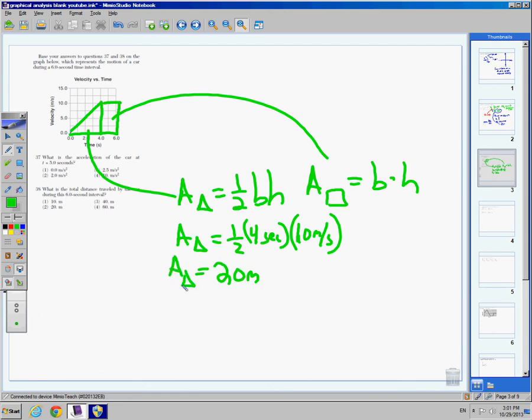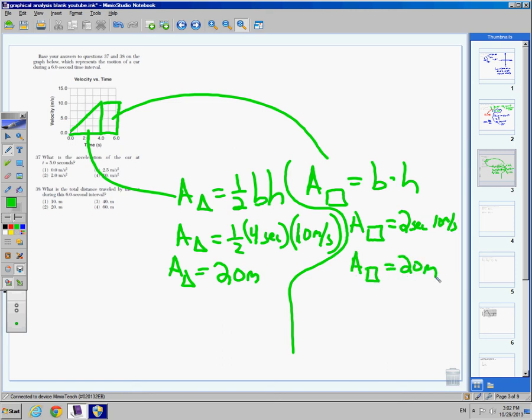The next one here says area of the rectangle equals the base, which is going to be 2 seconds. The height is going to be 10 meters per second. Doing that, I found that the area of the rectangle is 20 meters. I understand that my little box here looks like a square. It's really a rectangle.